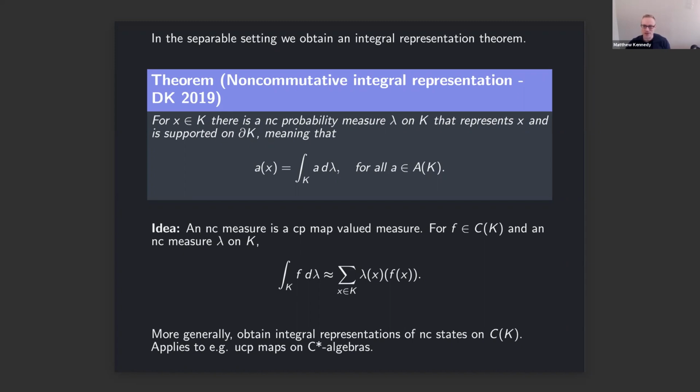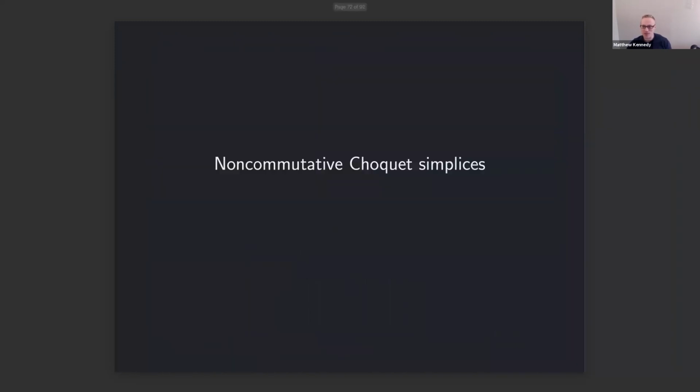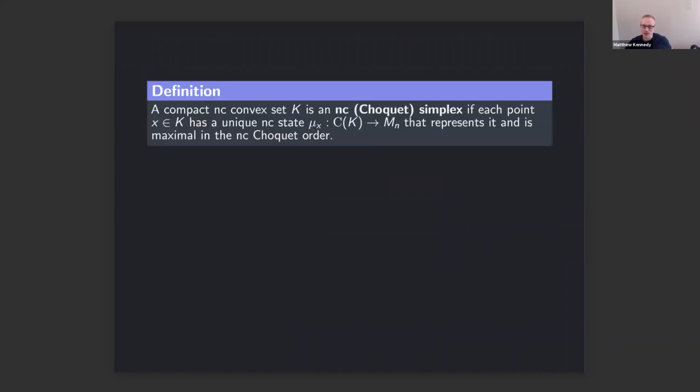This is sort of an advertisement for some of our results. What I really want to get to is this application to what we think of as non-commutative Choquet simplices. Now this is joint work with Eli Shemovich. We say that a compact NC convex set is a simplex, or Choquet simplex, if each point in K has a unique representing state that's maximal in the NC Choquet order.